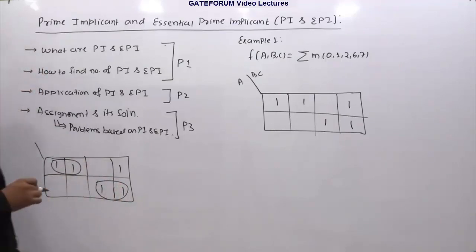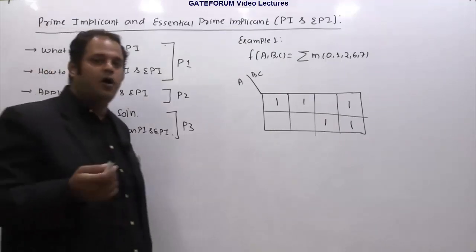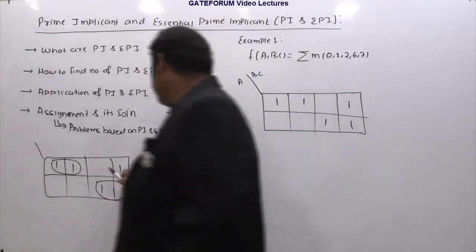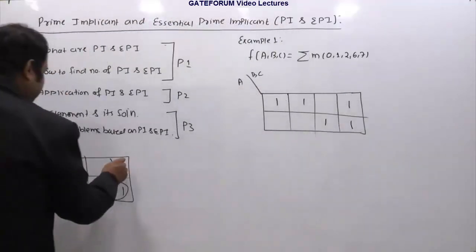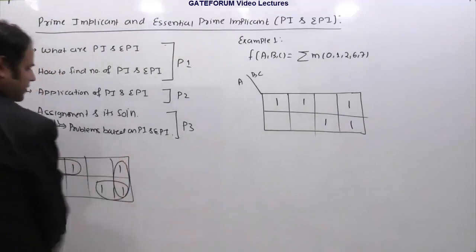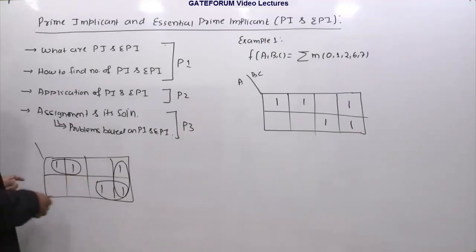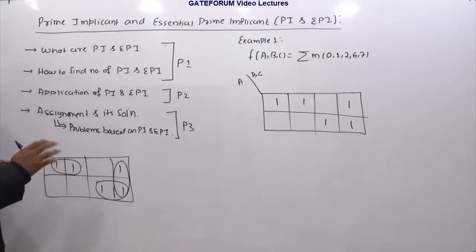My requirement is to group all the min terms. I have done this and this, and I am left with this one, so I can group that. I would have stopped here and written the expression for these groups, and in sum of products form I would get the answer.